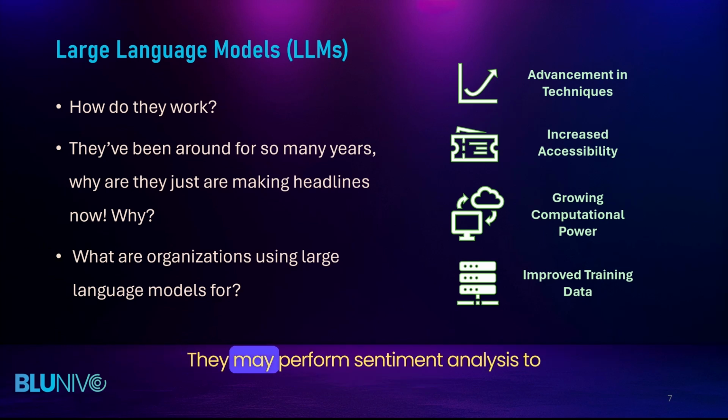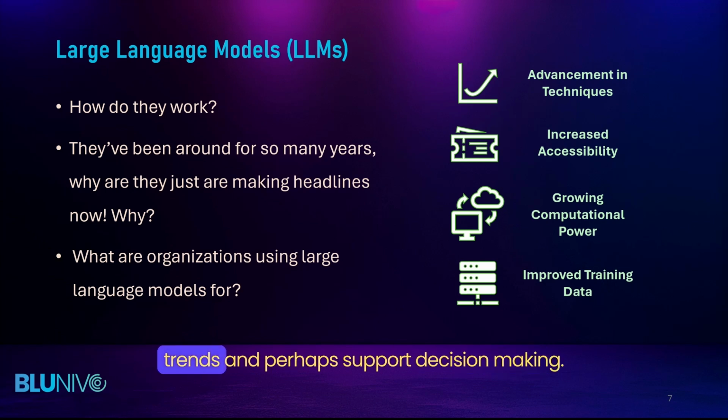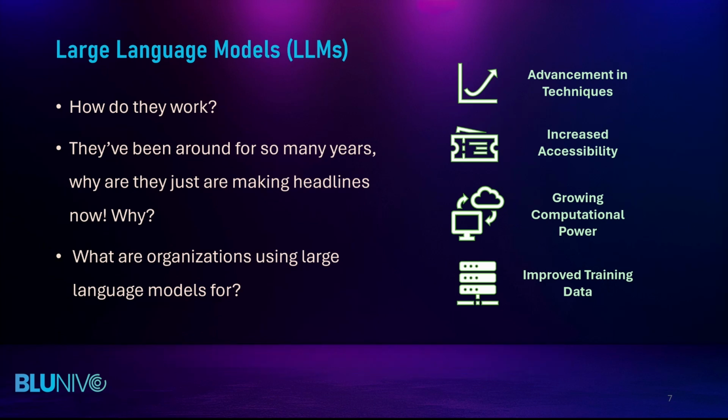They may perform sentiment analysis to understand emotions in text, by which they can improve customer satisfaction. We see some organizations use LLMs to categorize and sort large amounts of data to identify trends and perhaps support decision making.